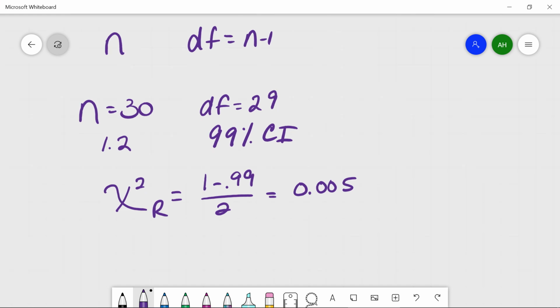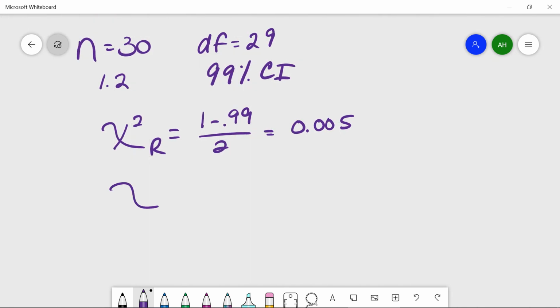0.005 for right. Okay, and then remember for chi left, for me, I'm just going to take 1 minus chi right. But the way that they do it in the book is 1 plus that 0.99 divided by 2, which is going to give them 0.995.